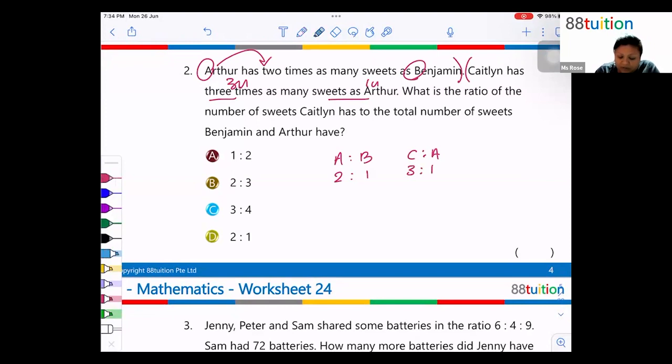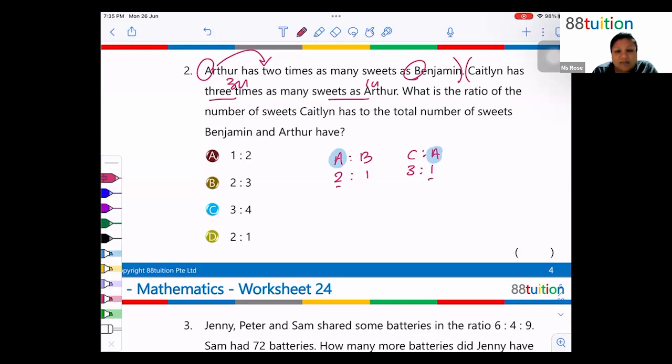Now, for this question, because Arthur is being repeated in each ratio, that means Arthur is the same person, right? So since he is the same person, the number of units of sweets that he has cannot be different. The first ratio says 2, the second ratio says 1.